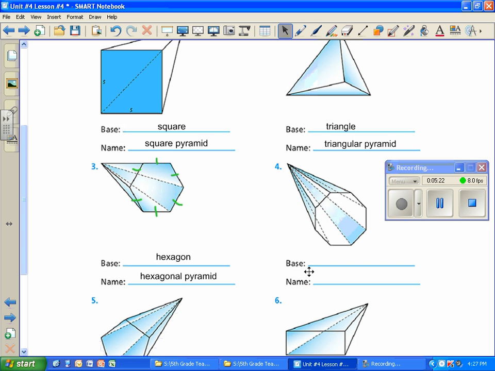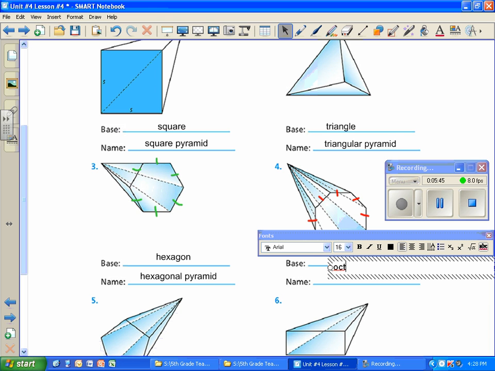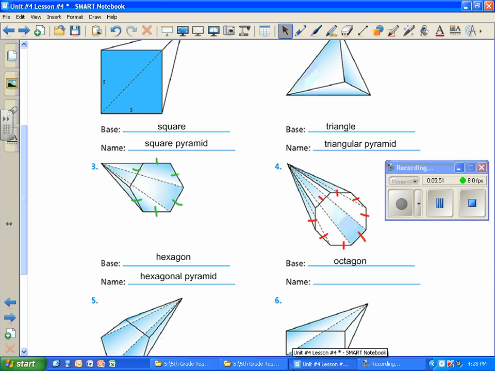Number 4, look at the base, count the sides: 1, 2, 3, 4, 5, 6, 7, 8. The 8-sided figure is an octagon. And the name of the pyramid would be an octagonal pyramid.